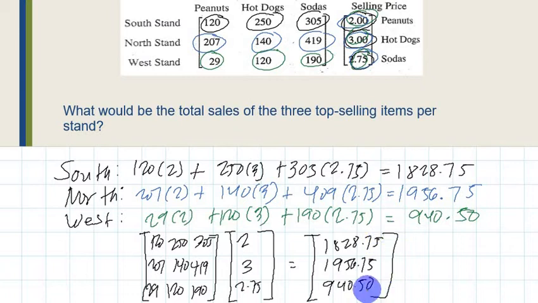Now, the process of what we just did, for the stands, south, north, and west, we had to multiply the entries by the selling price. This entire process actually shows how we can multiply two matrices together.